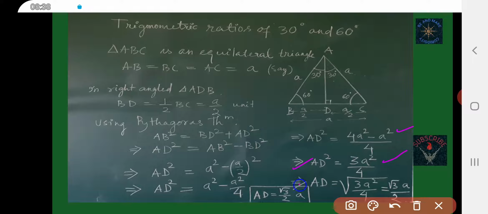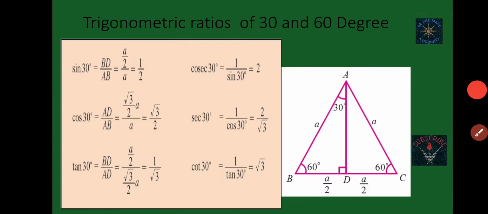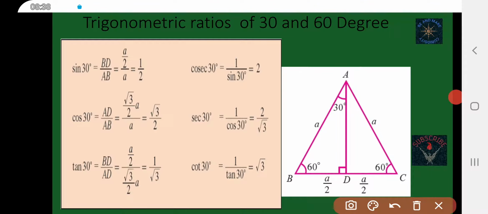Then AD equals square root of 3A square by 4, that is equal to root 3 by 2 A. Then you get AD is equal to root 3 by 2 A. Next, see trigonometric ratios of 30 degree and 60 degree.